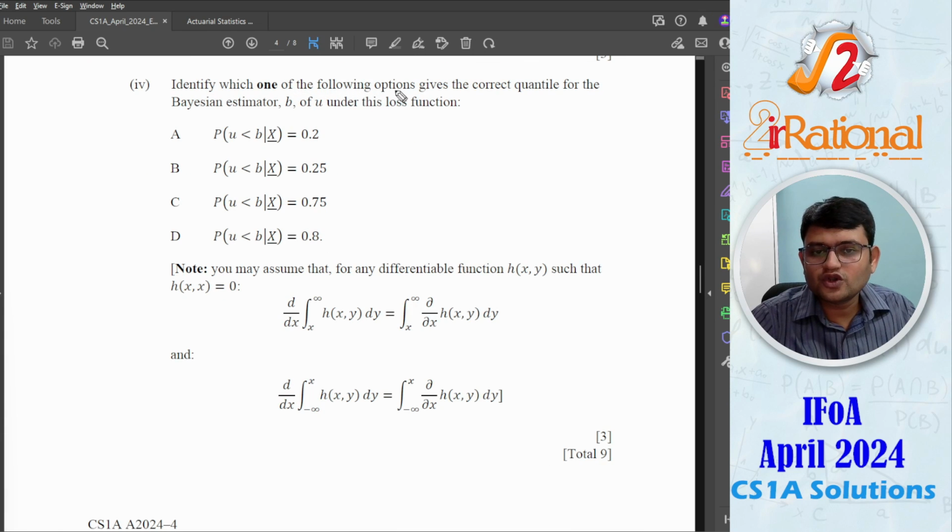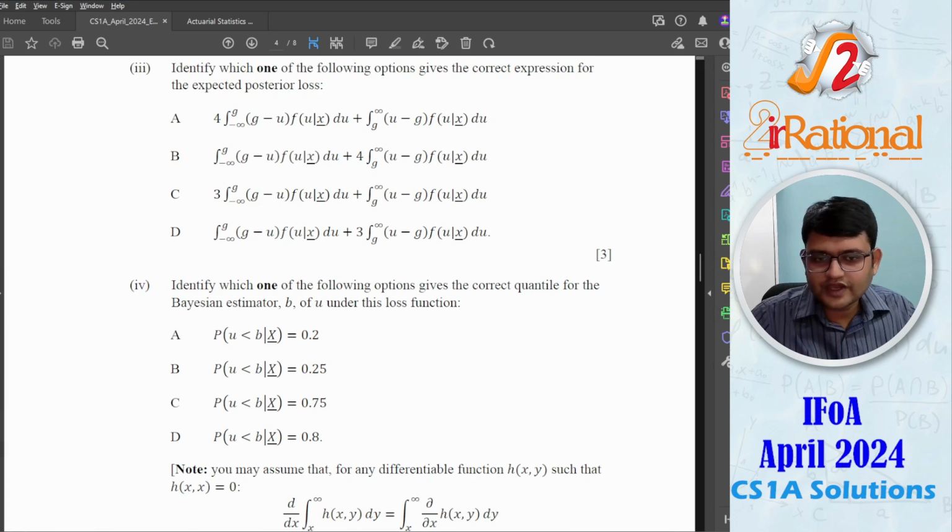Identify which of the following options gives the correct quantile for the Bayesian estimator B of U under this loss function. They have even given you hints here. All we have to do is differentiate this function with respect to G, equate it to 0 to get the probability here.